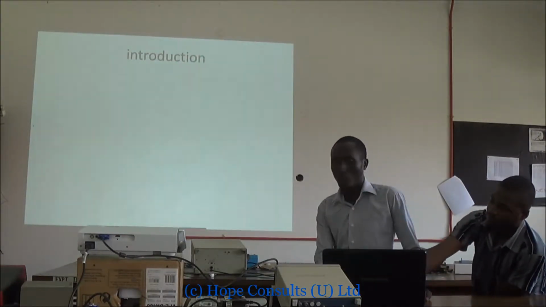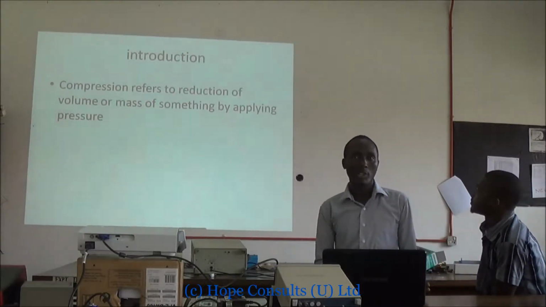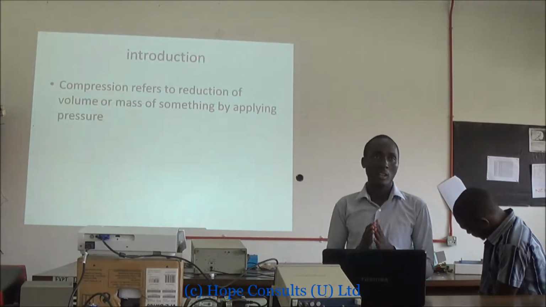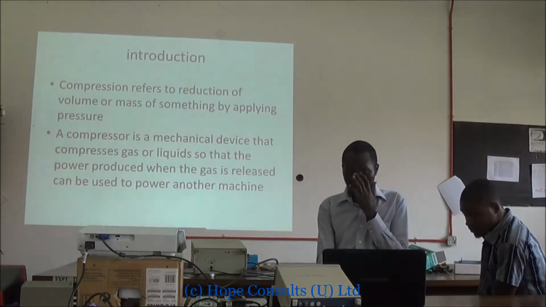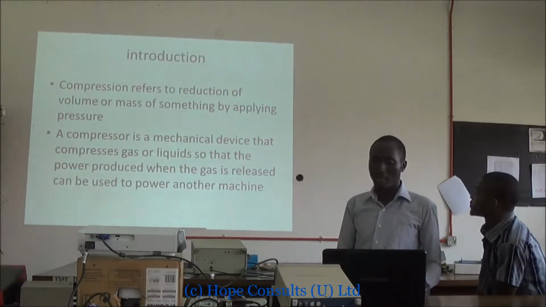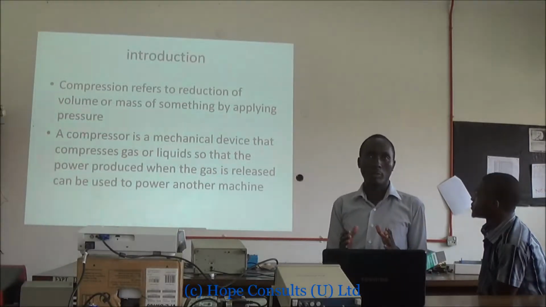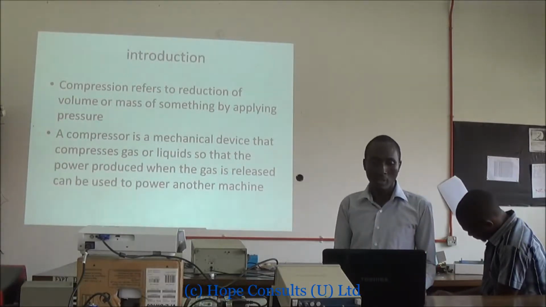Introduction, we are looking at compression. Basically, compression refers to increasing pressure so as to reduce volume. A compressor can be defined as a mechanical device that compresses gas, because we are talking about increasing pressure, and by increasing pressure we are reducing volume.